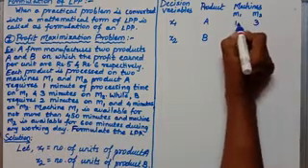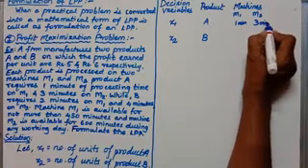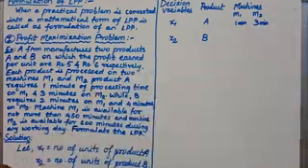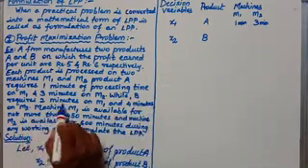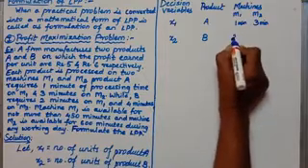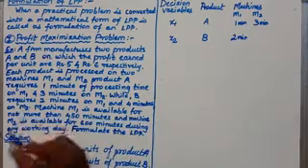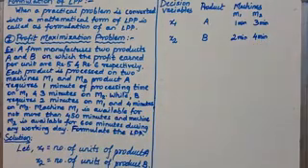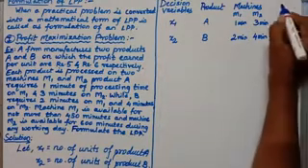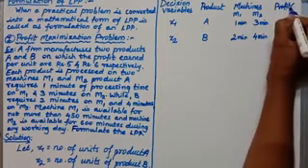So 3 minutes. Now B requires 2 minutes on M1, so let me write 2 minutes, and 4 minutes on M2. One more thing is known to us, that is the profit per unit.